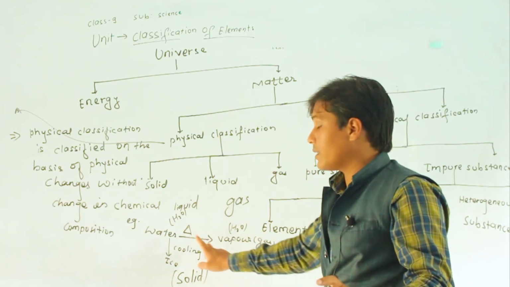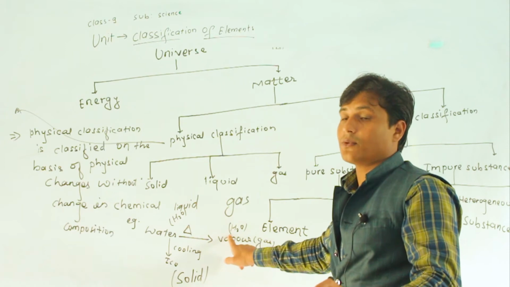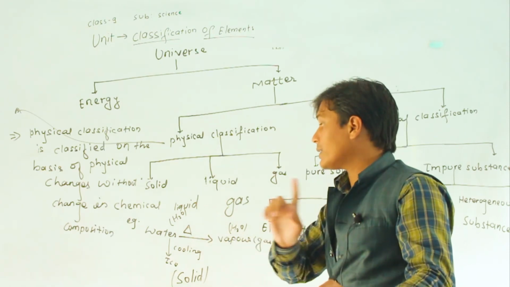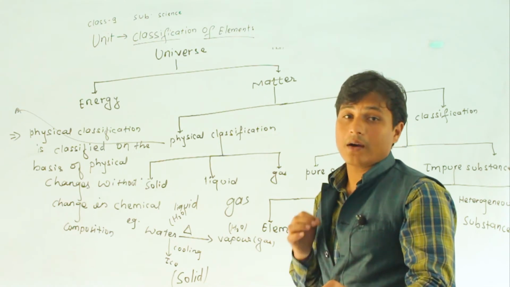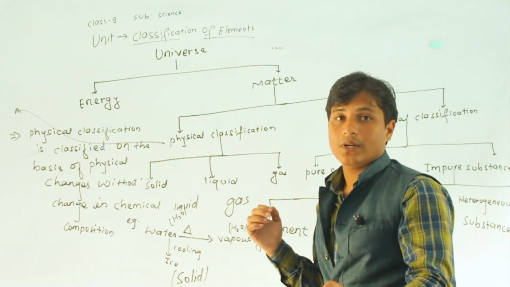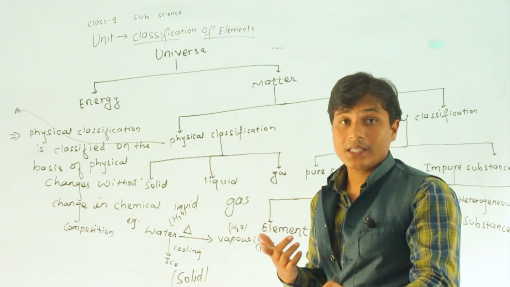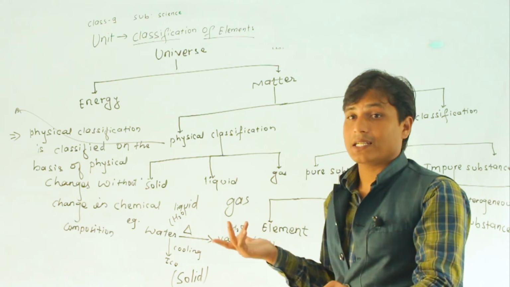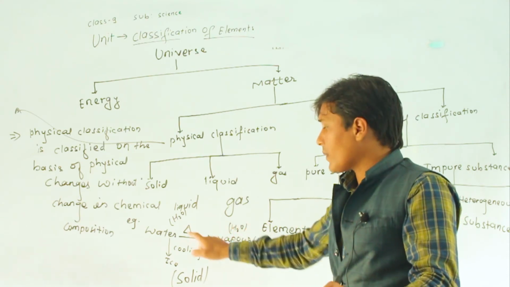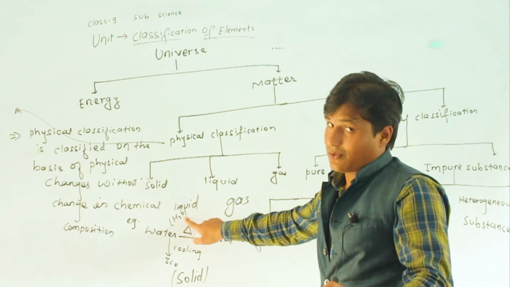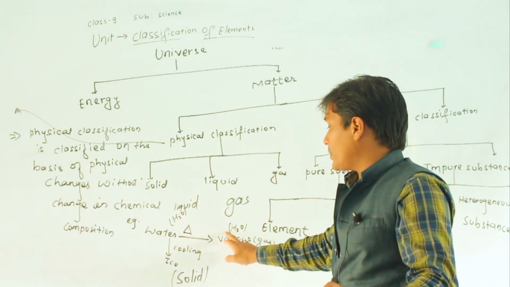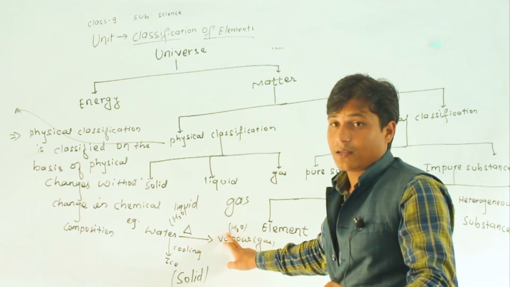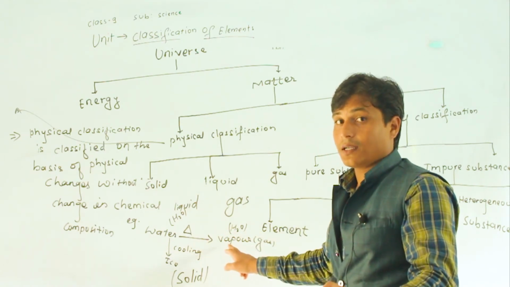One thing to note, that liquid changes into gas, but its chemical composition, every molecule of water, is H2O. That means the ratio is 1:8 by mass, 2:1 by atom. So no chemical composition changes here, but the state is changed.